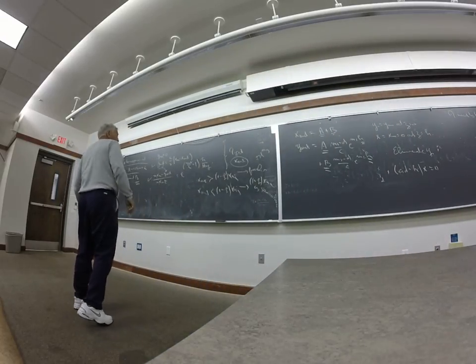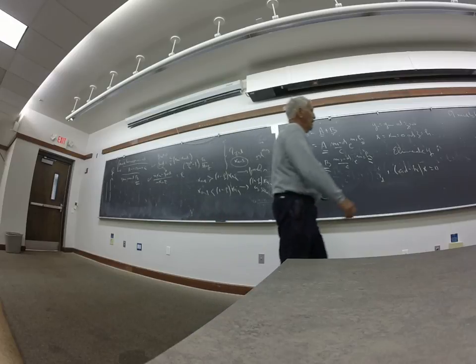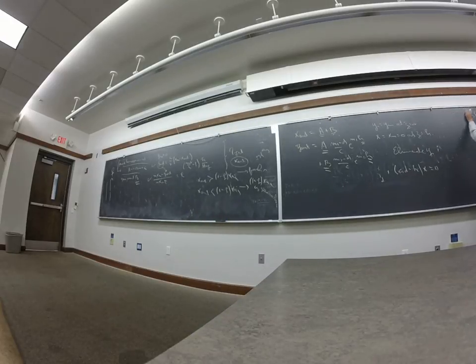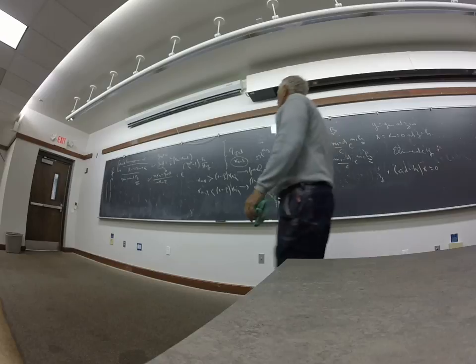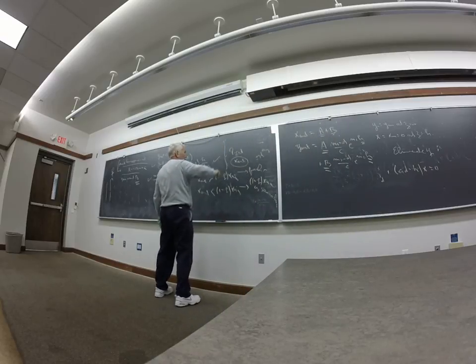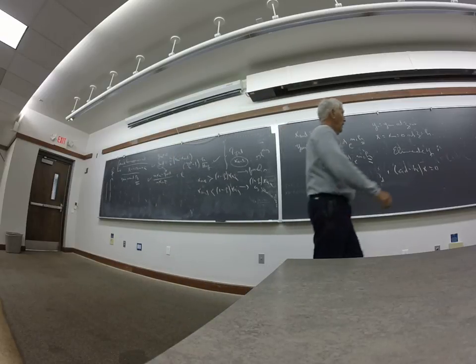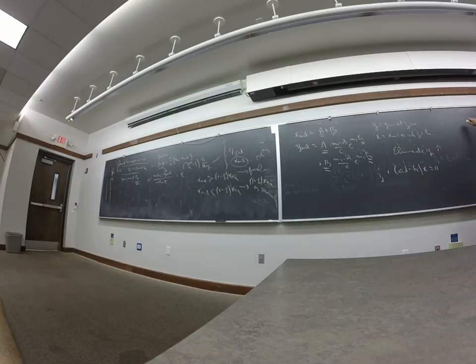So let me see what I'm going to do. I'm going to write down a companion to this equation, which was for the whole column. I'll now write an equation for what's going on right here in terms of y in and x out. And of course, that's easy enough to do.